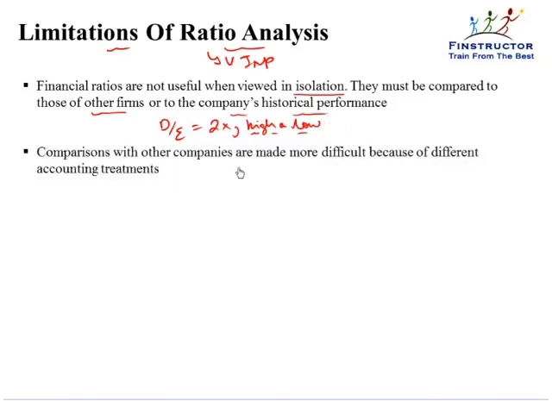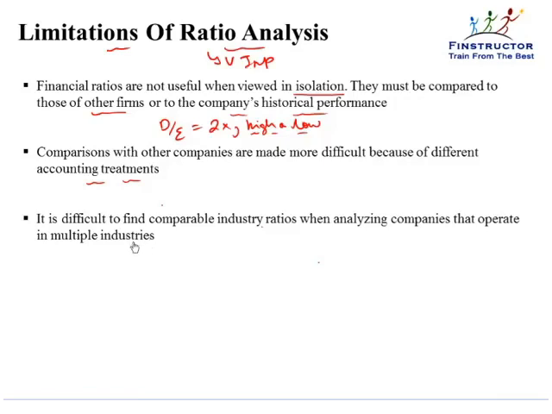We'll keep repeating this throughout the review, and it's something that you should always be aware of. Comparability, however, becomes difficult as different companies follow different accounting treatments. So please make sure that you're comparing apples to apples and you make the necessary adjustments if the two firms are following different accounting conventions. Thirdly, it is difficult to find comparables for conglomerates or companies that operate in multiple industries.